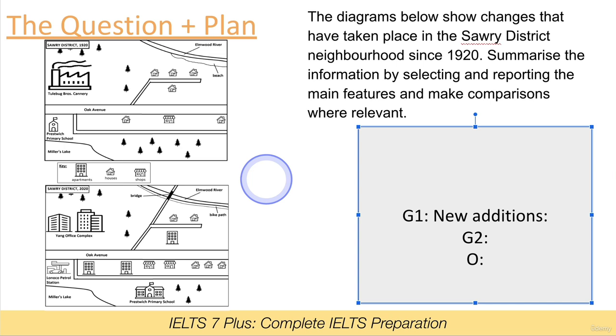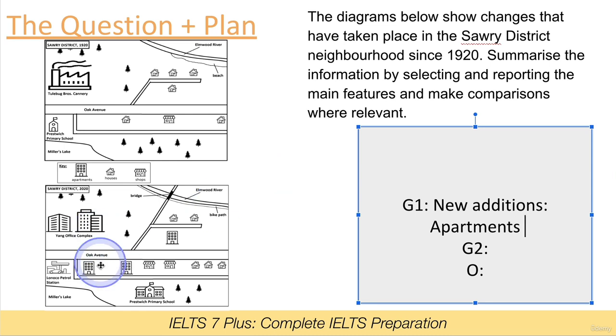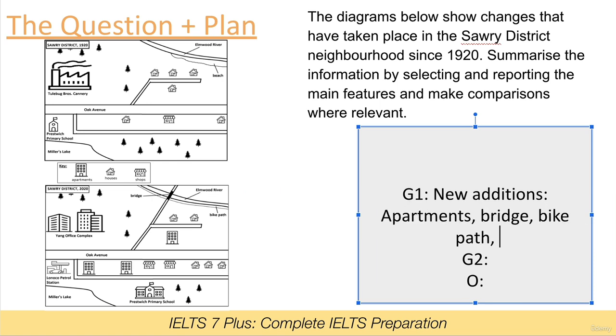For example, we can talk about the apartment blocks that are now here. We've got the bike path and the bridge now. The school has been moved, but it has been expanded.